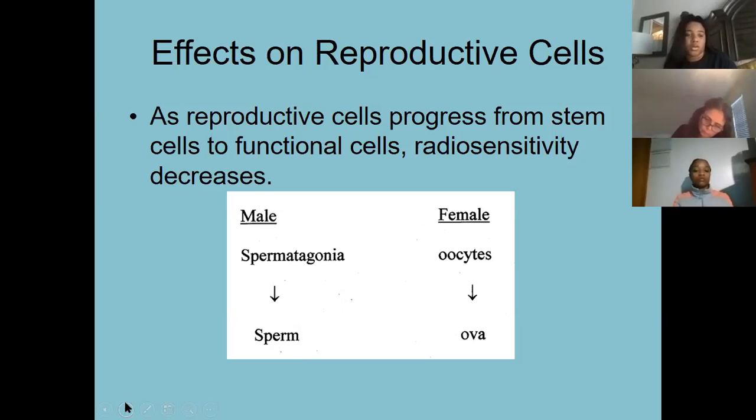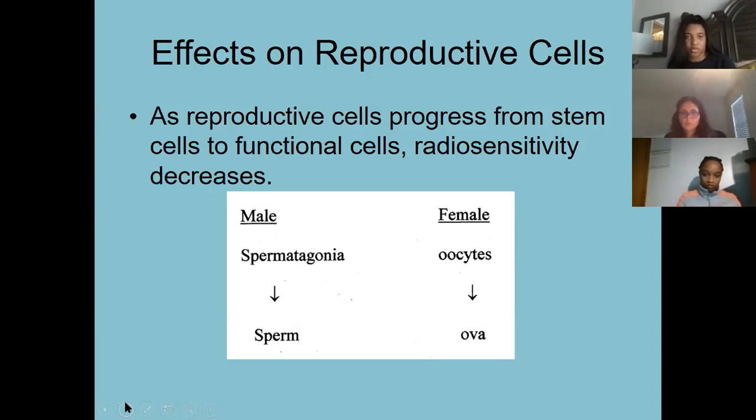With the female, immature eggs are oocytes. They are very sensitive, but they progress through different stages, again from the stem cell to the differentiating cell to the functional ova. Mature functional ova are also relatively radioresistant, but the immature egg and sperm are very sensitive. So radiosensitivity varies throughout the lifespan of the cells.